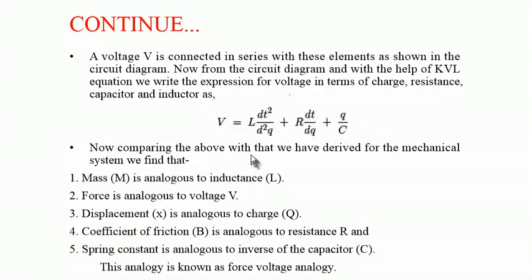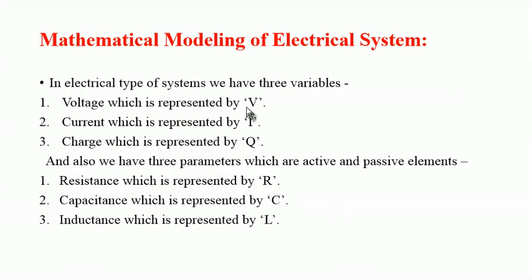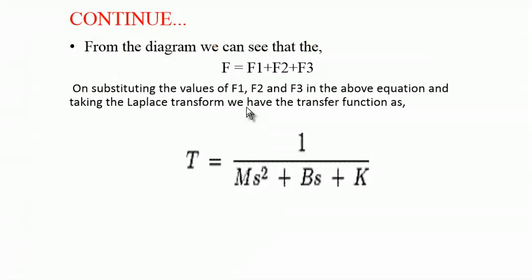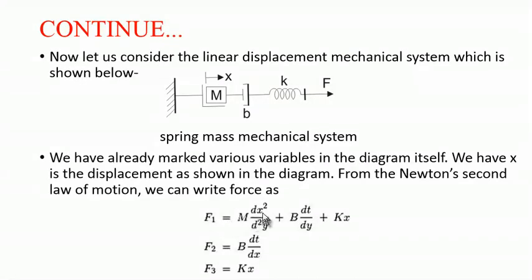Now comparing the above equations with those derived for the mechanical system, we find that mass M is analogous to the inductance. In the mechanical equation we have M d squared x by dt squared, B dx by dt, and kx.